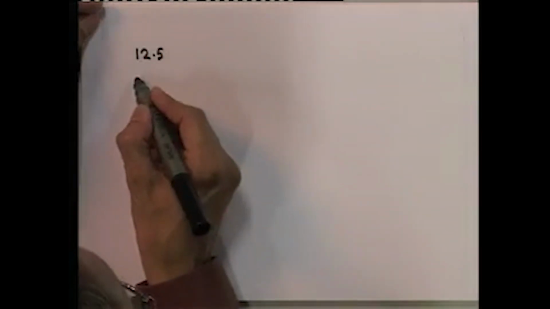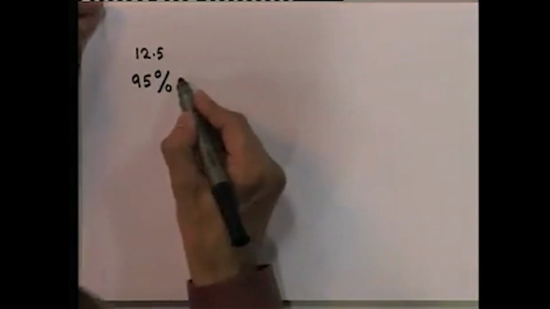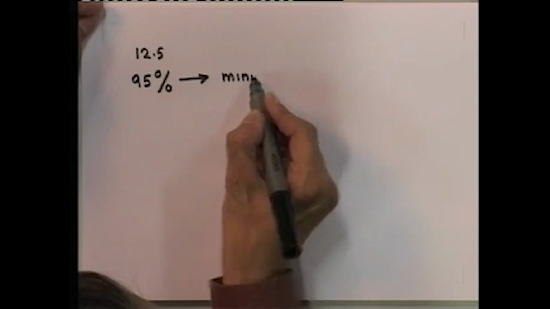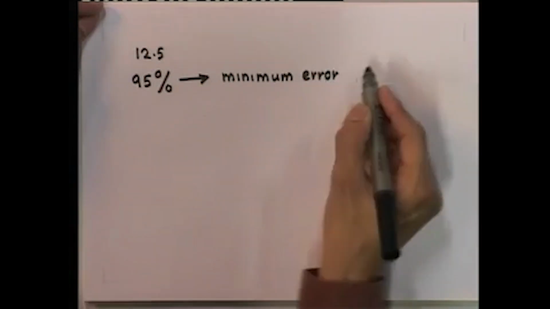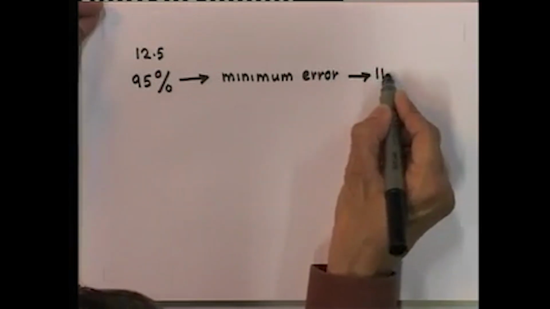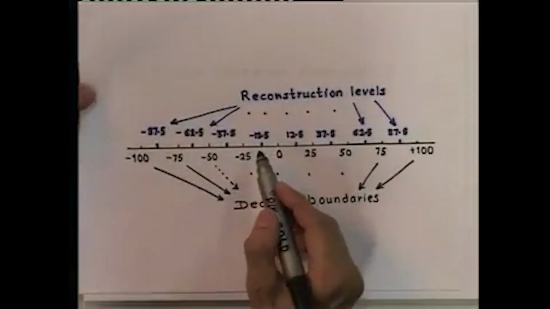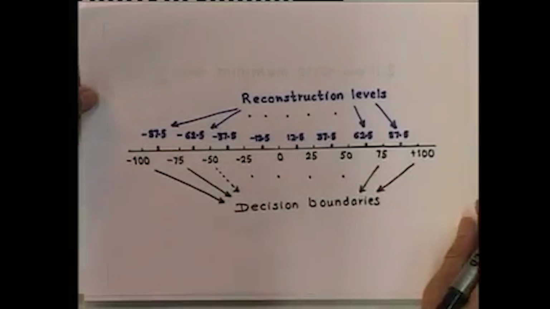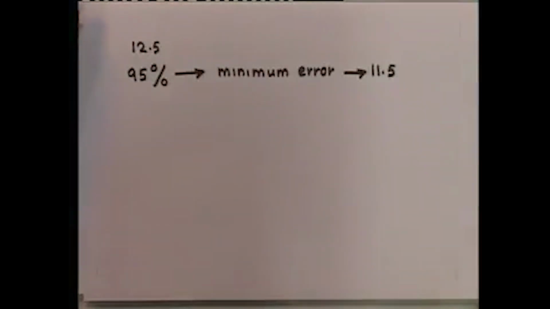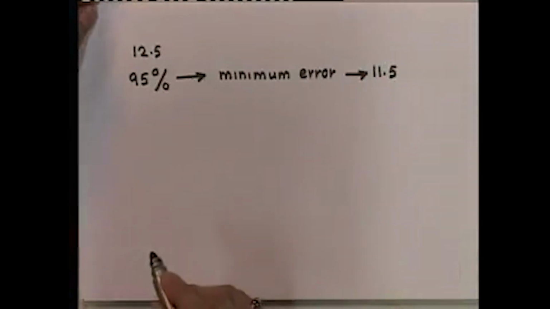However, at least 95% of the time, the minimum error that will be incurred will be 11.5, because the input lies between minus 1 to plus 1 with a probability of 0.95. Now, obviously, this is not a very good design.